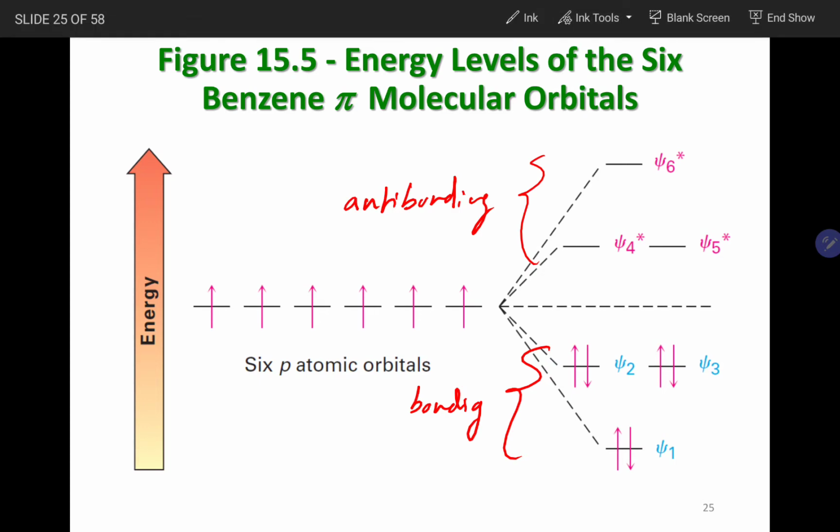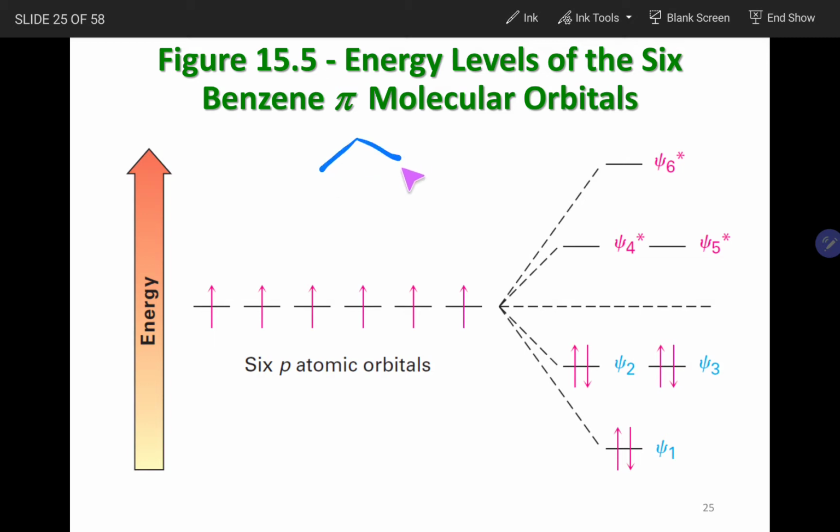What you can do is draw the benzene molecule, but I want you to draw it pointing down. This is the downward point.